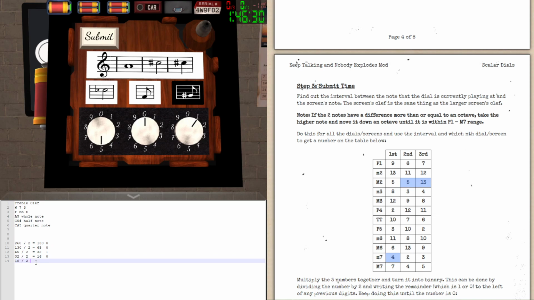16 divided by 2 is going to equal 8, remainder 0. 8 divided by 2 equals 4, remainder 0. 4 divided by 2 equals 2, remainder 0. 2 divided by 2 equals 1, remainder 0. 1 divided by 2 equals 0, remainder 1.